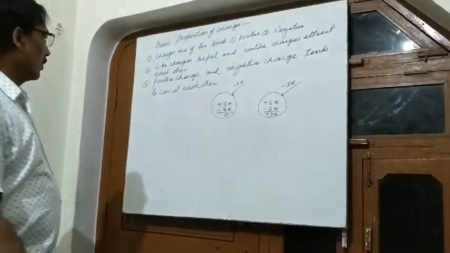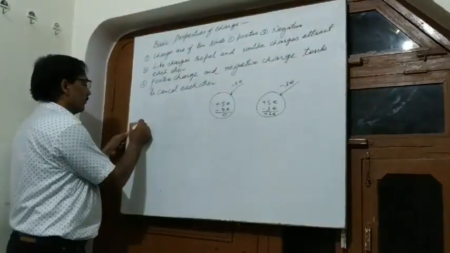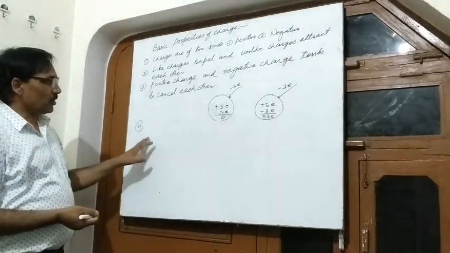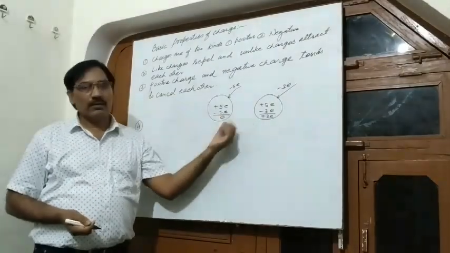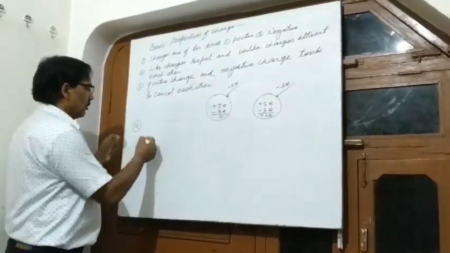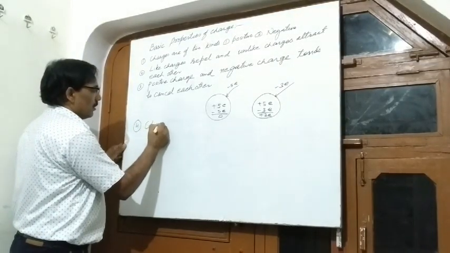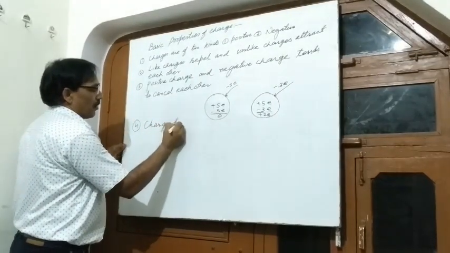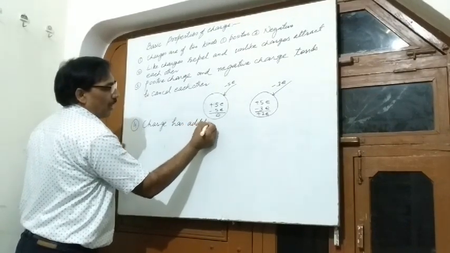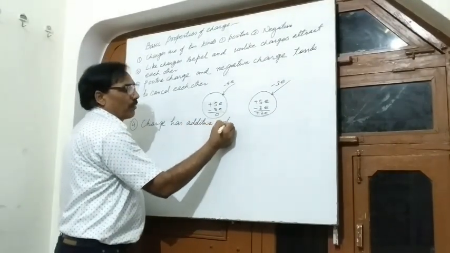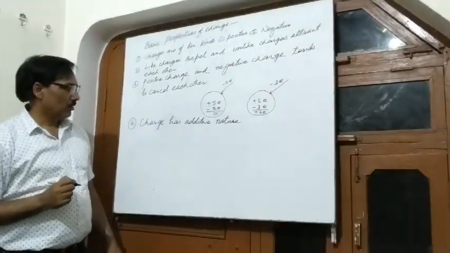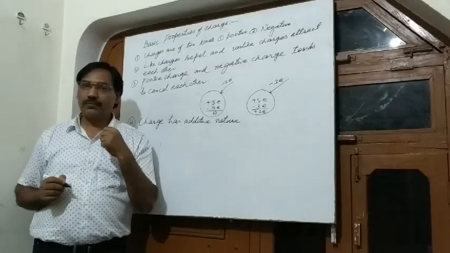Clear? Now comes to next property of the charge. Next property of the charge is that charge has additive nature. Charge has additive nature. Now what does it mean?